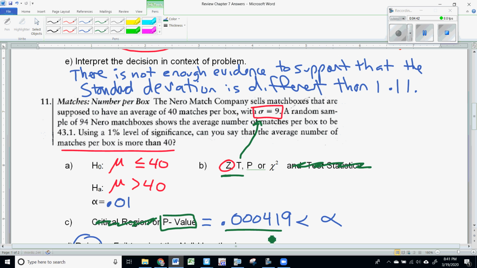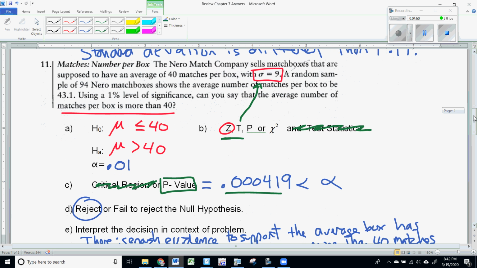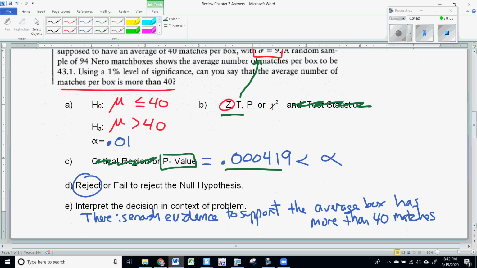Once you have your p-value, you compare it to alpha. If it is less than alpha, then you reject the null hypothesis. And since we reject the null hypothesis, we say there is enough evidence to support that the average box has more than 40 matches.